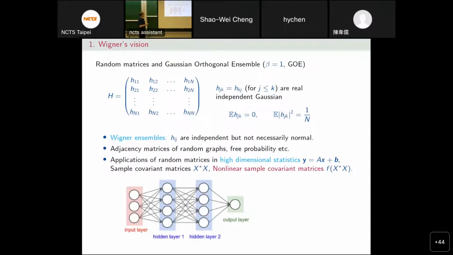The Wigner ensemble drops the Gaussian condition: just replace these Hij by some different distributions, which could be Gaussian or not. The third example of random matrices is the adjacency matrix of a random graph.